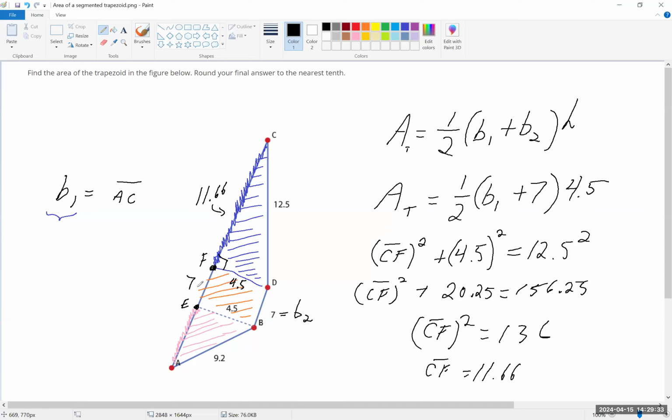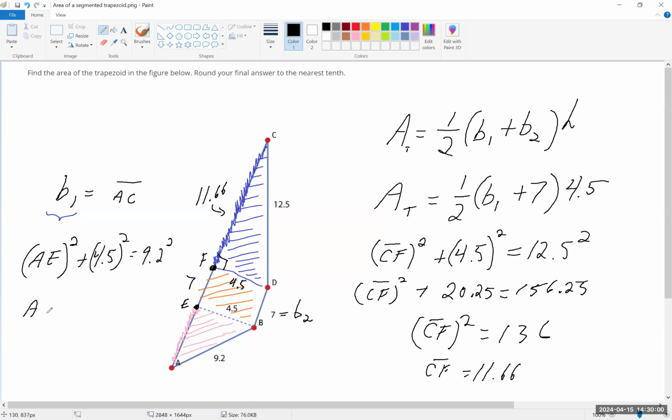So we have to follow the same type of process for getting AE. So I'm going to come over here and do this. AE squared plus 4.5 squared is 9.2 squared.